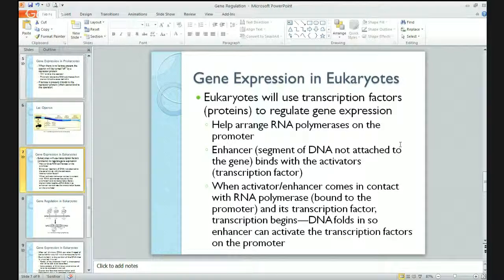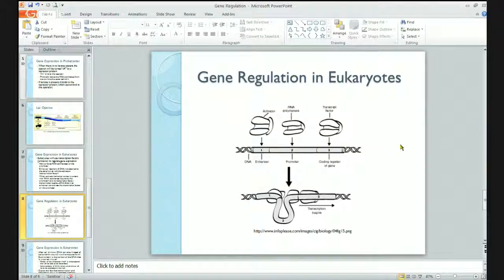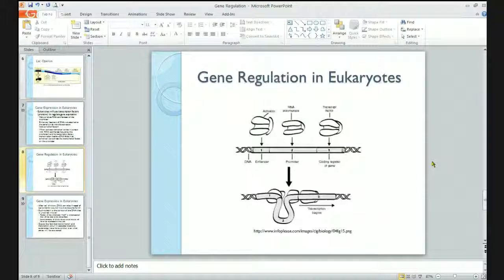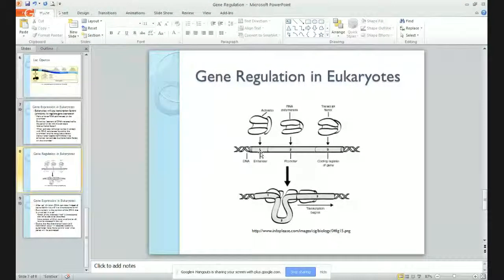Let me show you a picture. There we go. So here's your enhancer. This is the section of DNA that's not attached to your gene back here, which is going to be transcribed. The activator, which is the specific type of transcription factor or protein, attaches to your enhancer. There it is right here.